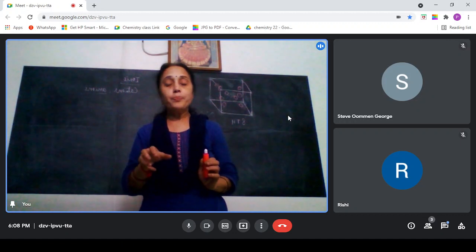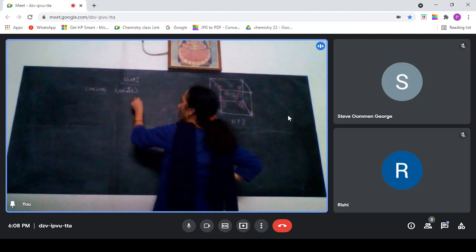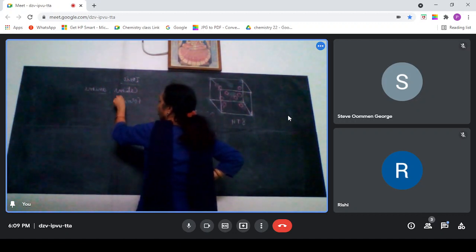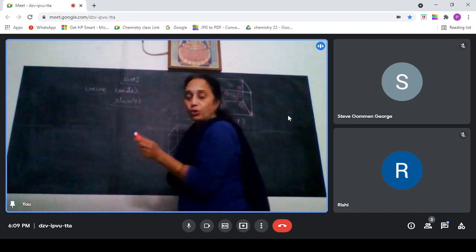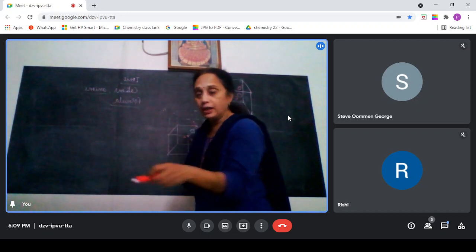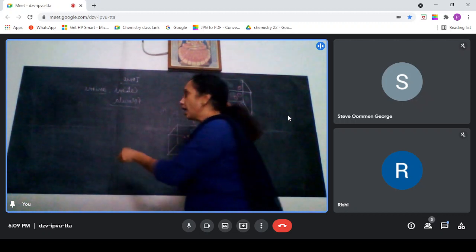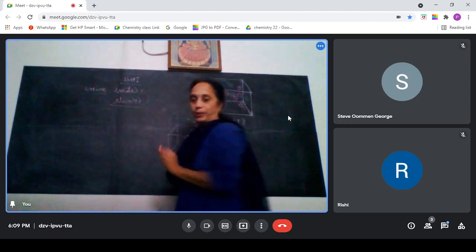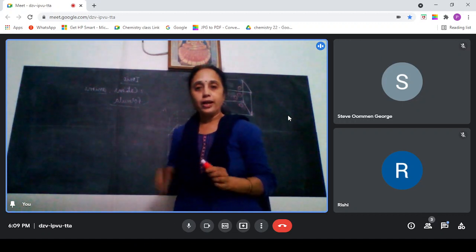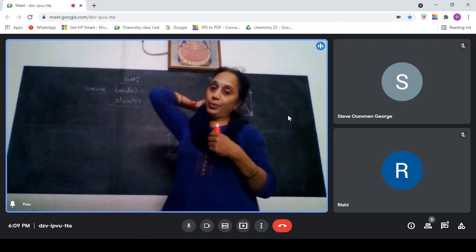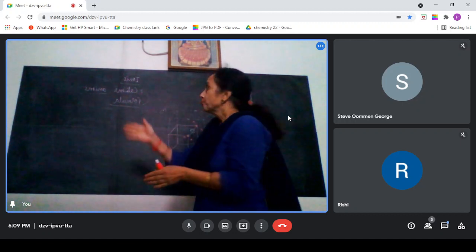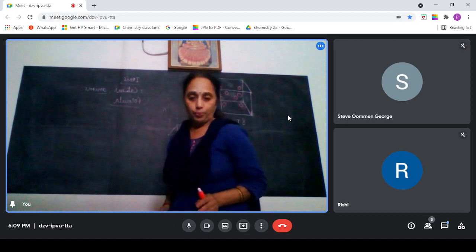On what it depends means, it depends on the formula of the compound. If you know how many are filled, you can determine the formula, or if you know the formula, you can determine how many tetrahedral, octahedral voids are occupied. So normally the ratio will give you how many are occupied.